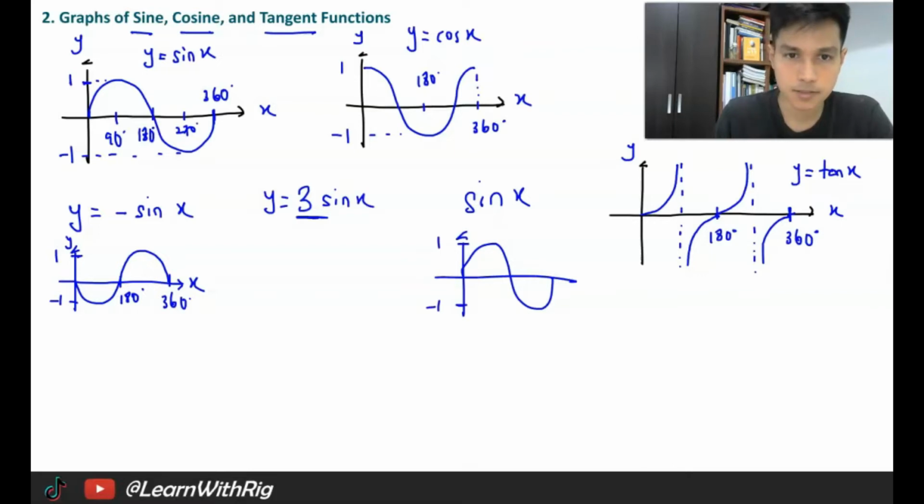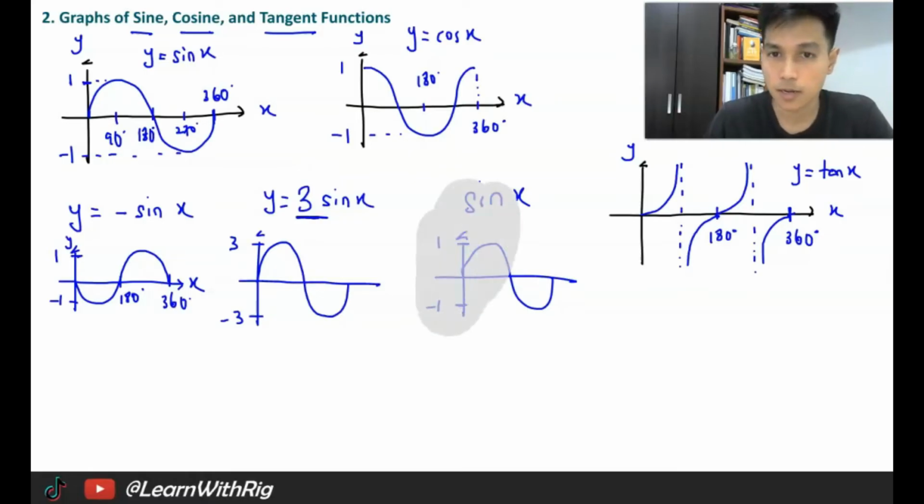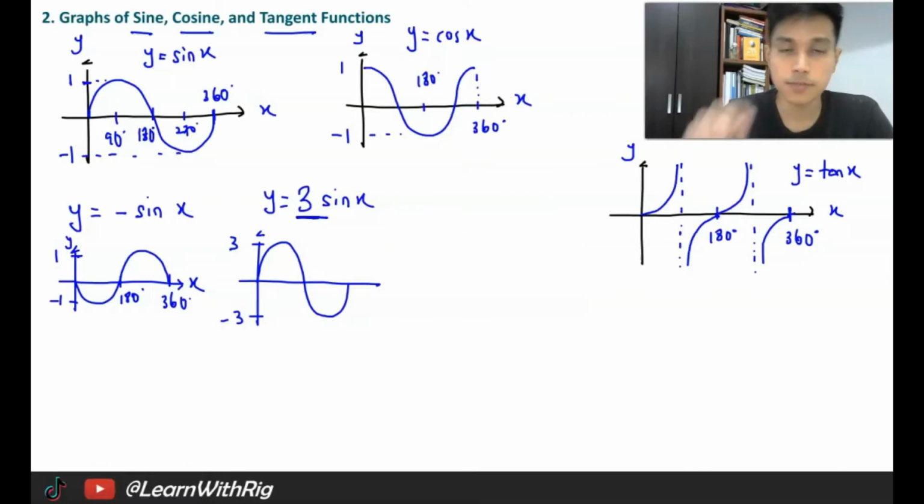But in this case, the amplitude is different. The amplitude is going to be 3, negative 3, because now it's stated here 3. That is the purpose of the number in front, and it applies to all the other graphs. I'm just using sine as a reference. You apply the same thing for cos and tangent.